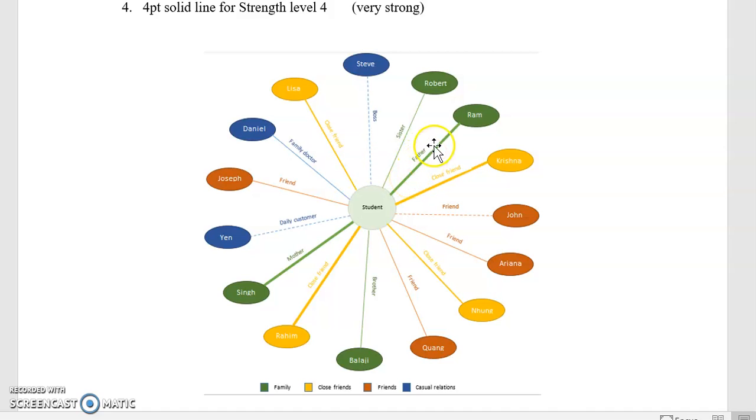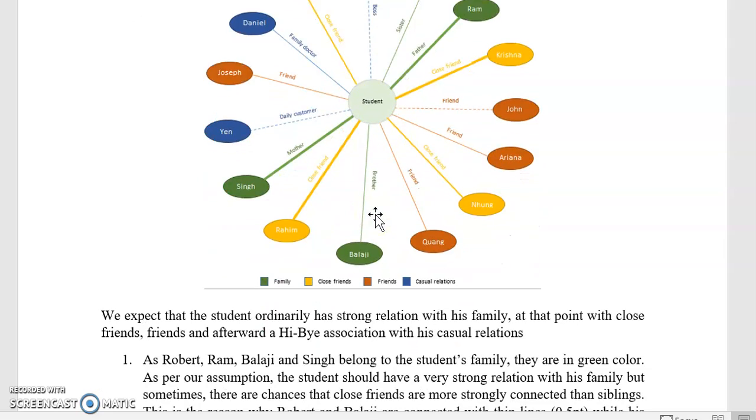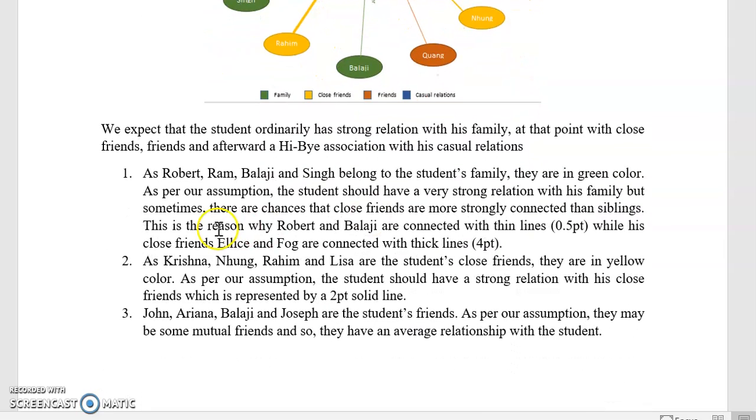As we can see, the strongest relationship, which is the family, father, mother, sister and all, will come in the dark line, and you can see here that Robert, Ram, Balaji and Singh belong to the student's family, and so they are in green.